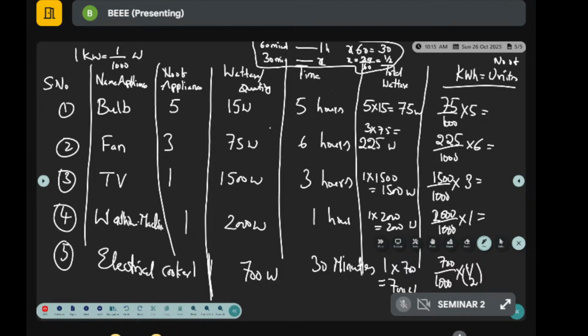Like that. So it is one formula, 1 kilowatt is equal to watt by 1000, and another formula for the time. Okay, you will get the value, tell me individually.